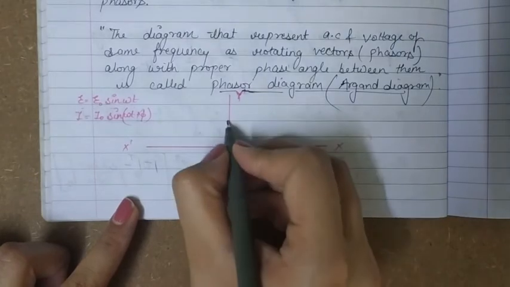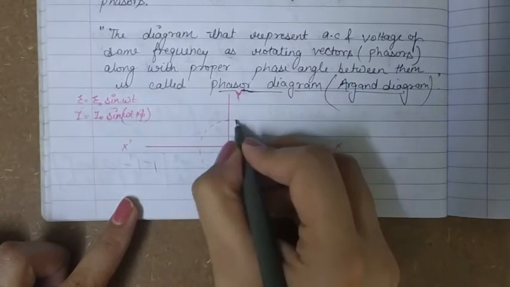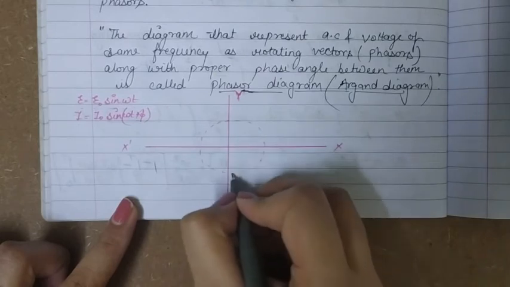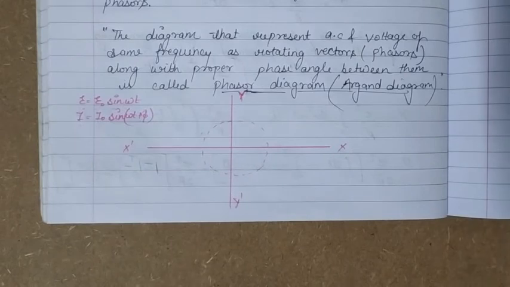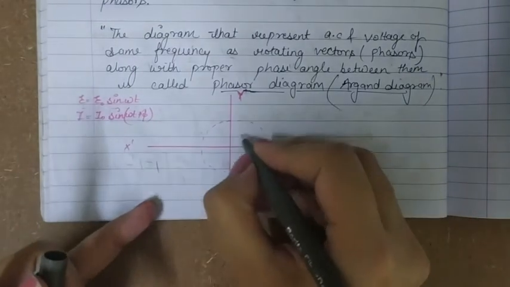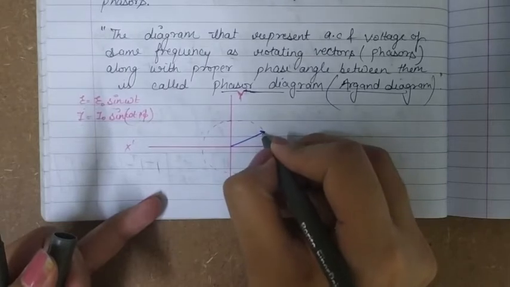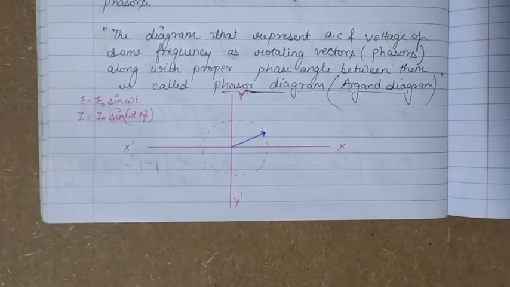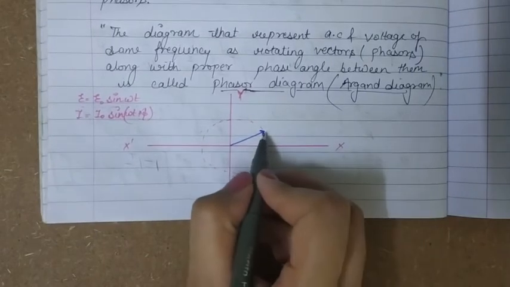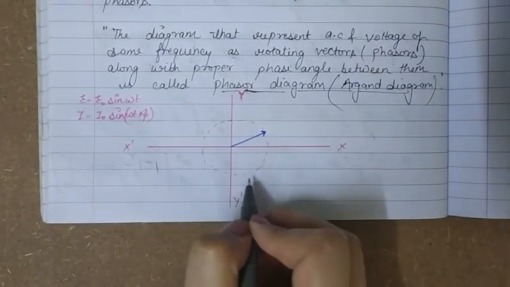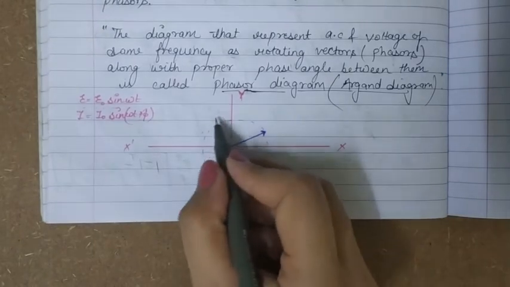For voltage I am assuming its peak value is epsilon naught. The dotted circle here represents how this vector rotates.